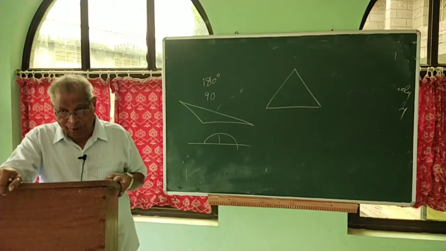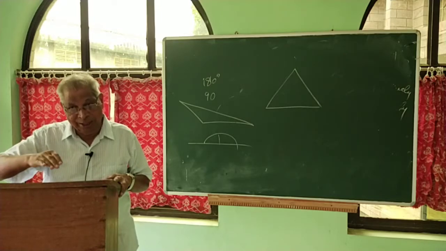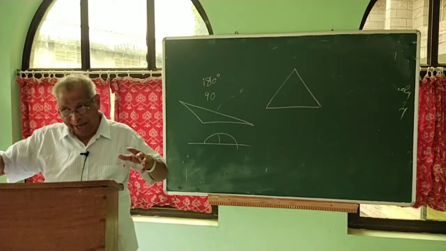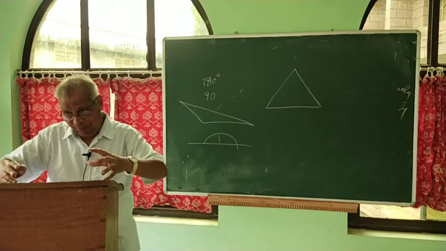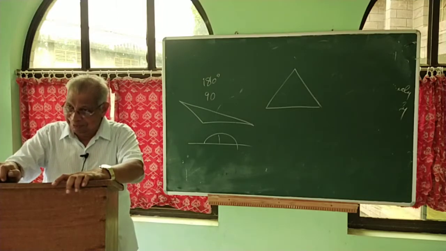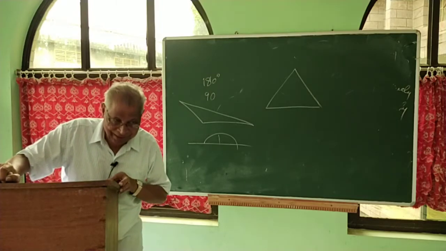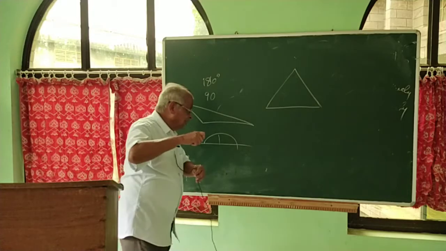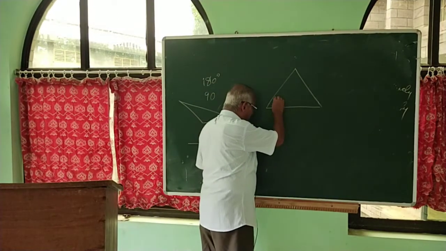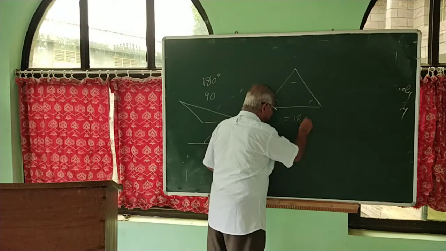There what do I mean? There we are speaking of all angles, not each angle. All angles of a triangle together constitute 2 right angles. Those of you who remember will understand the meaning. That means adding together the 3 angles, we get 180.